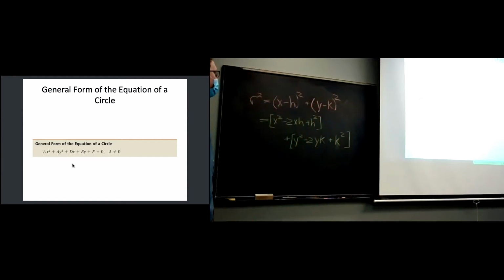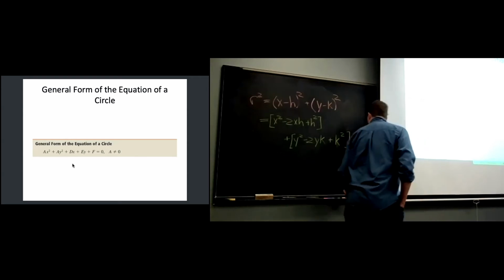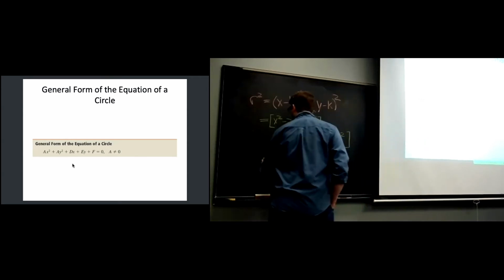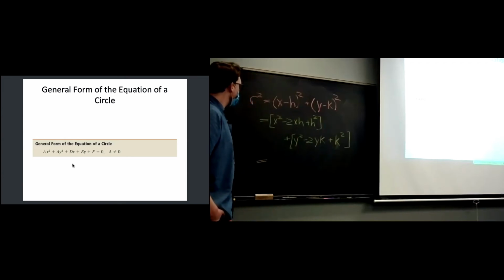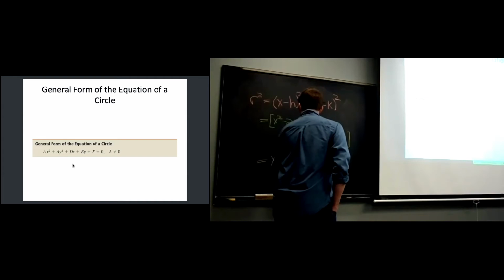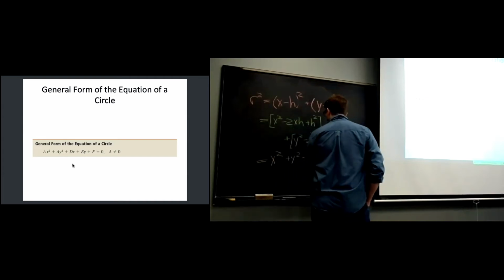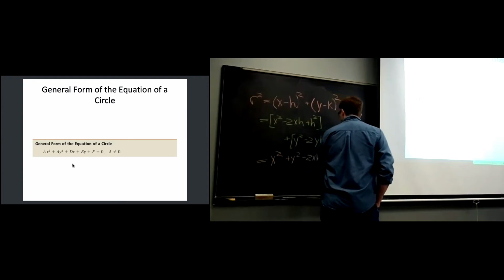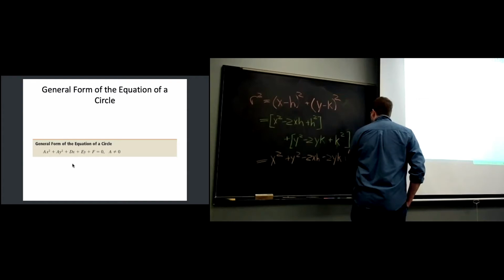And from here, when we rearrange everything, we can get back into that form. So rearranging, we get x squared plus y squared minus 2xh minus 2yk plus h squared plus k squared.